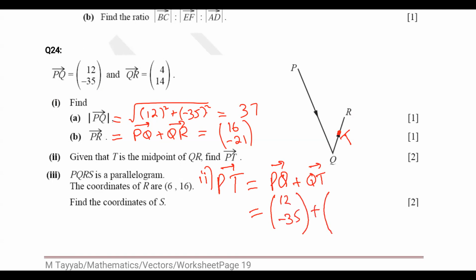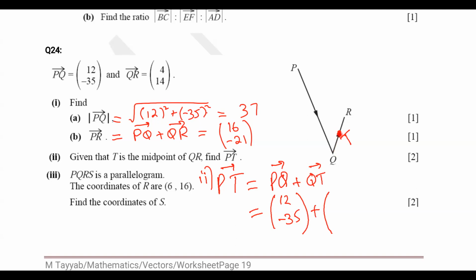What is QT? We don't have vector QT, but we have QR here. QR is 4, 14, but we don't have to move from Q to R. We have to go from Q to the midpoint of QR, which is QT. So QT is half of QR.